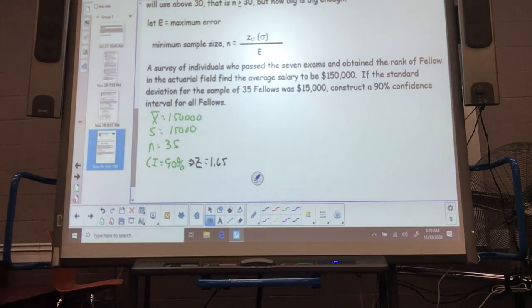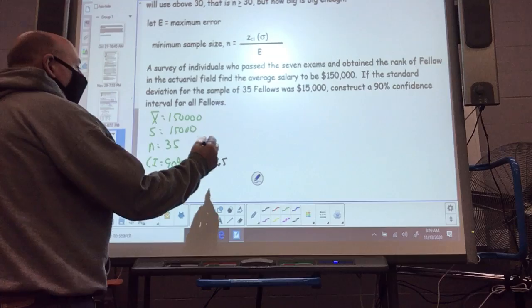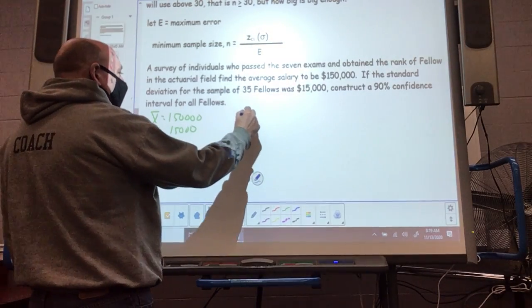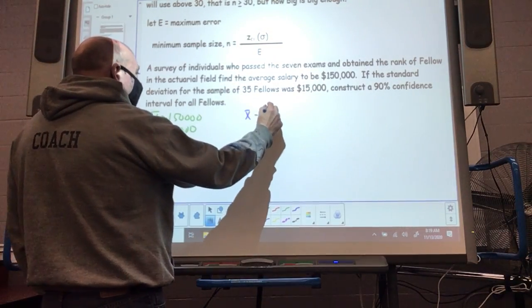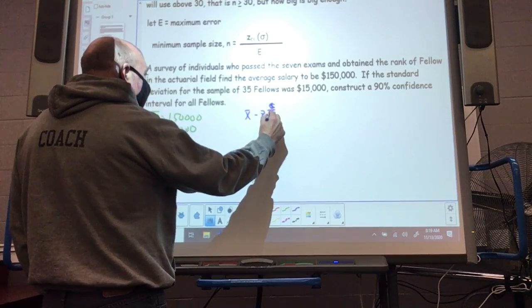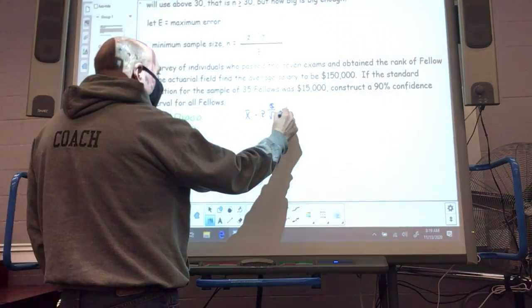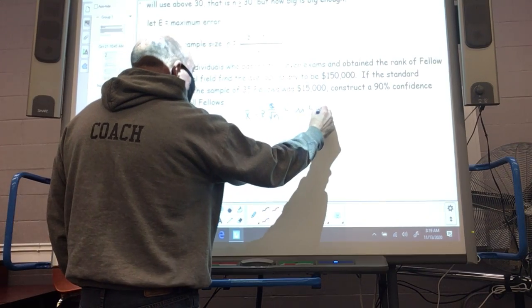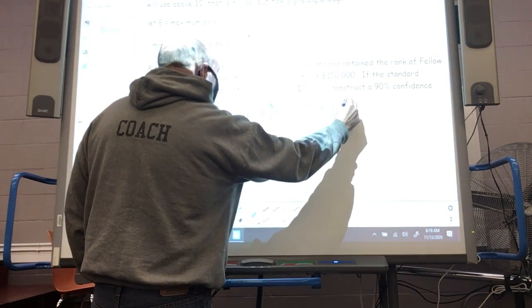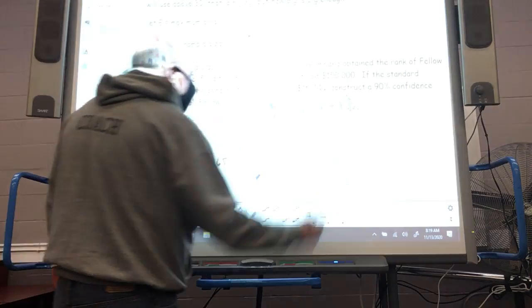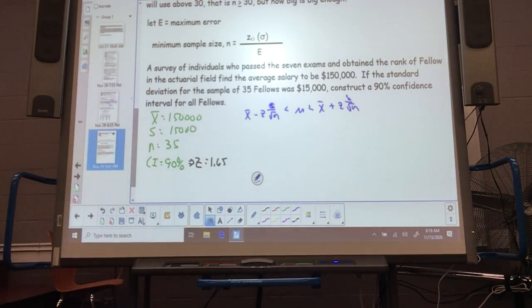So I want to construct a confidence interval for the population. So I have x bar minus our z value times the standard deviation divided by the square root of n, and then x bar plus the z value times the standard deviation divided by the square root of n.